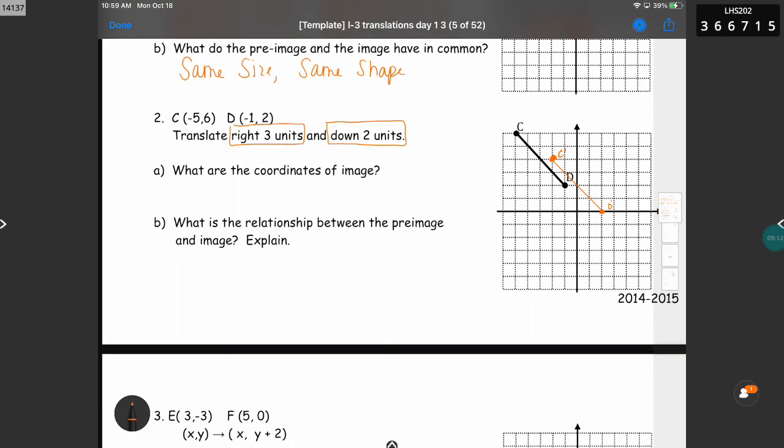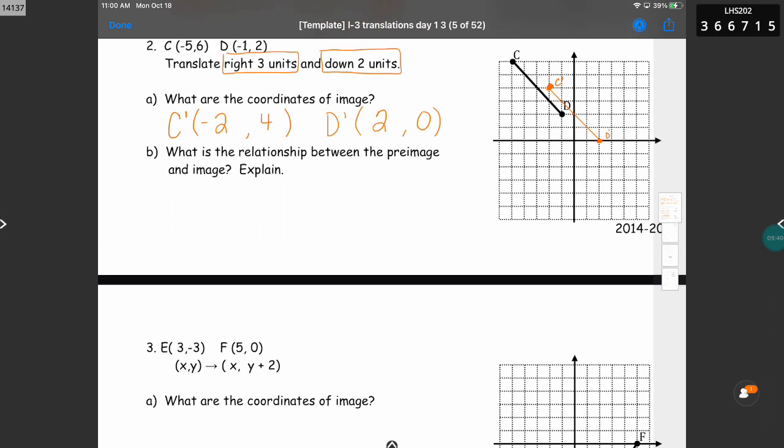Okay, what are the coordinates of the image? What is C prime? Negative 2, 4. What is D prime? 2, 0. Remember, if I move left to right, that comes first. Okay? What is the relationship between the pre-image and the image? They are congruent.